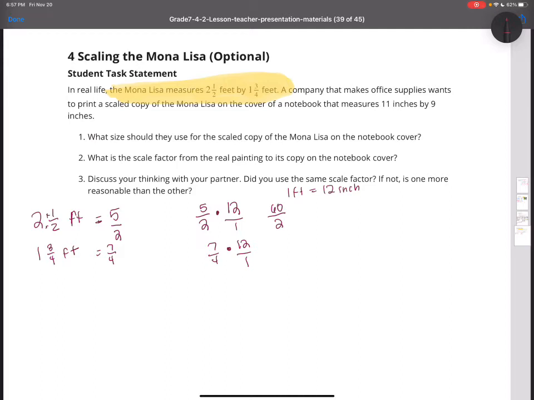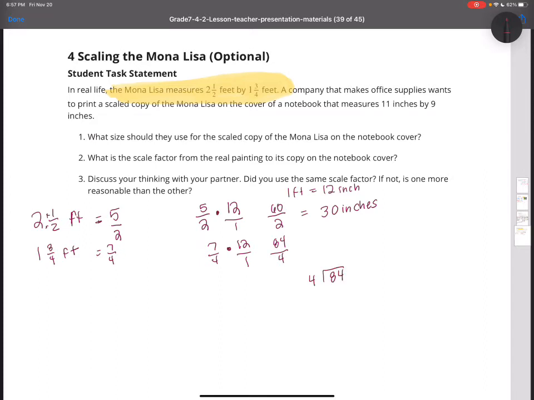Okay, so then the next one would be 84/4. So what's half of 60? If you guessed 30 inches, you are absolutely correct. Half of 60 is 30 inches. If you did not know that, I'm going to show you guys a quick way of how you could have found that.